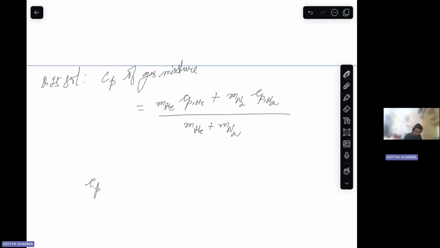Now if you calculate the Cp of helium, that is gamma by gamma minus 1 into R. But now R here has to be of helium only.